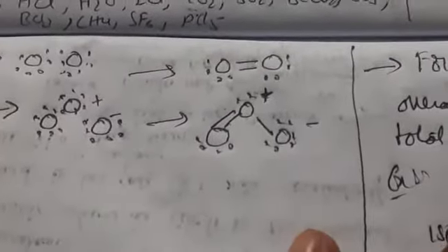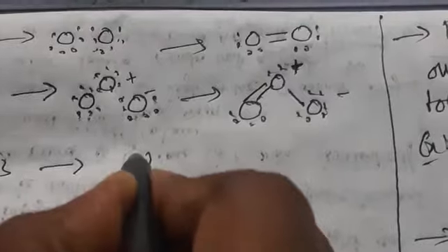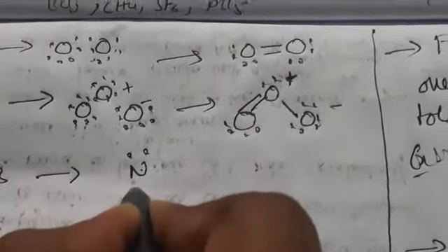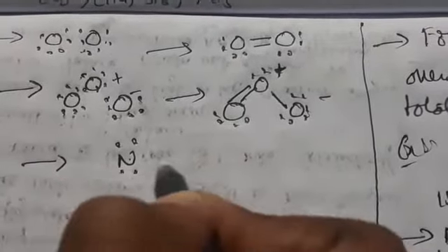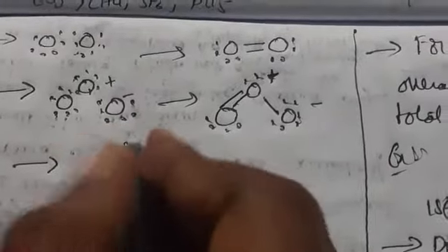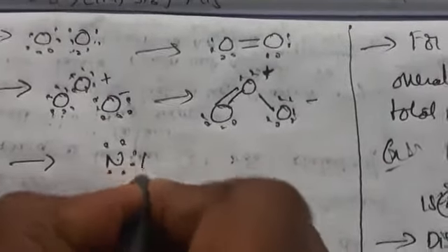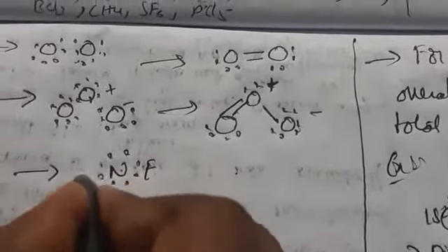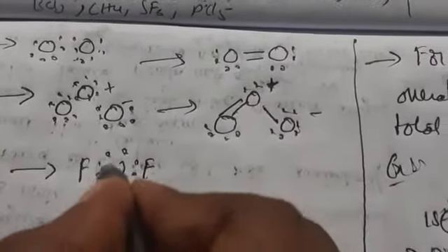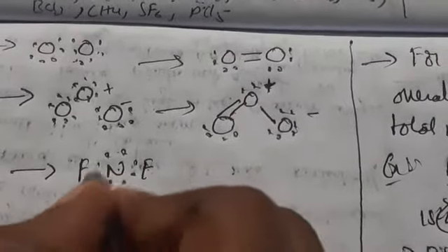Also, if you write NF3, it can be written like this. Generally nitrogen has a total of 5 electrons, and fluorine, being the more electronegative atom, can be written as 1 2 3 4 5 6 7 8.